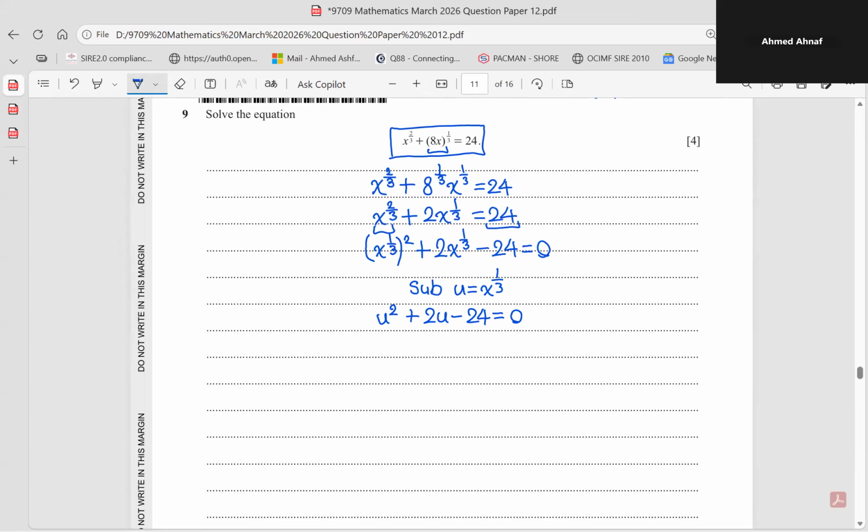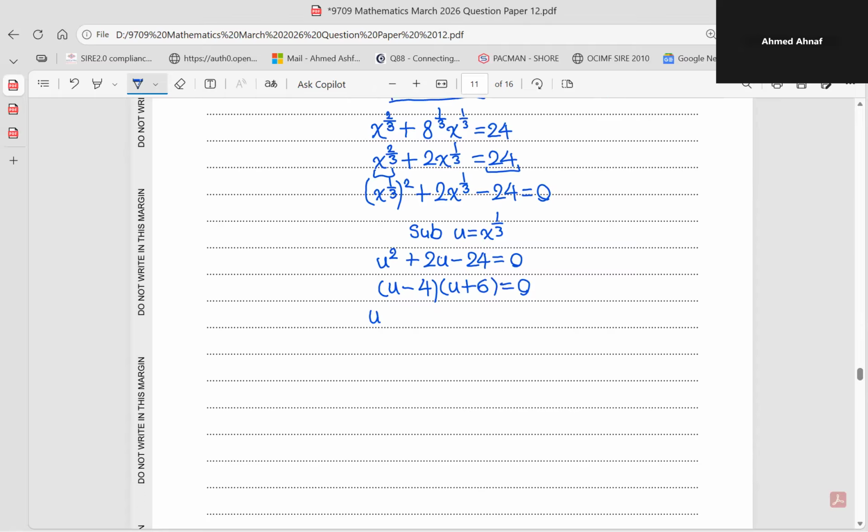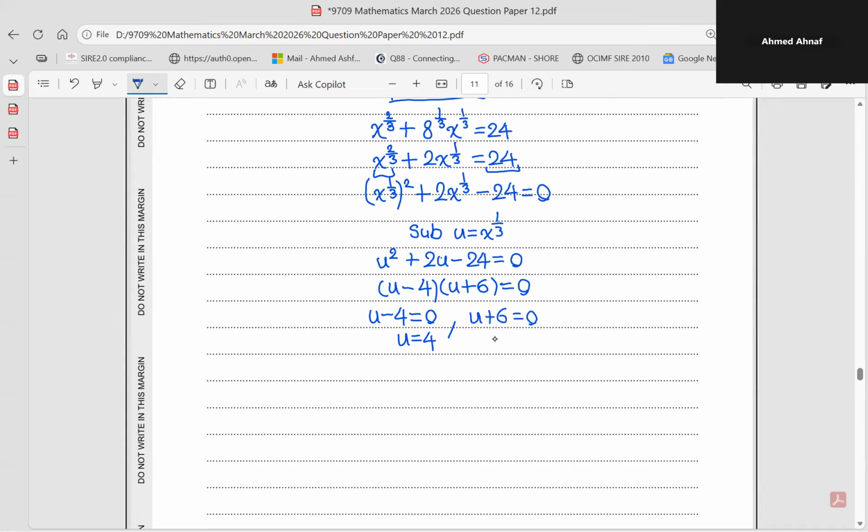So factorizing it, we get u minus 4 times u plus 6 equals 0. So solving it, you get u minus 4 equals 0, u equals 4, and u plus 6 equals 0, u equals minus 6.